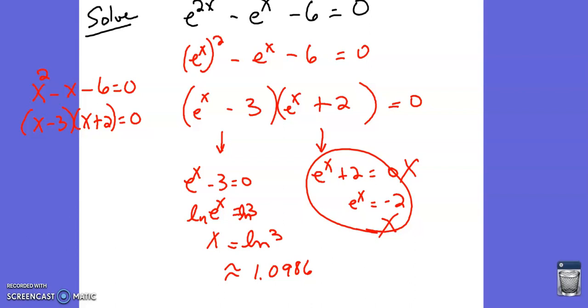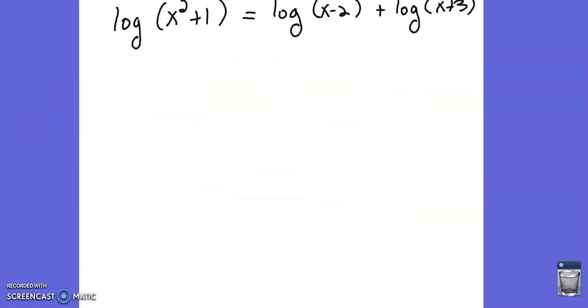All right, so let's look at this problem right here. Here we have a combination of a big log problem on the right side and then the left side, but what I want to do is use my log function.